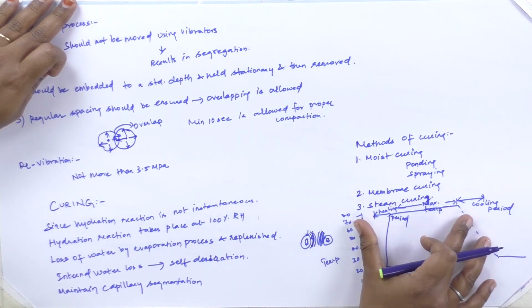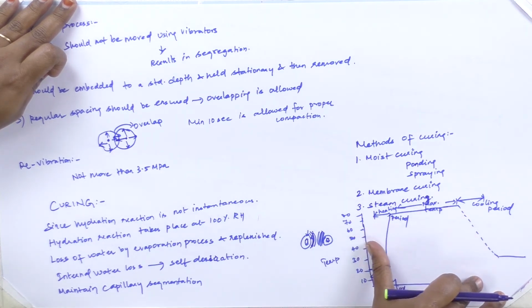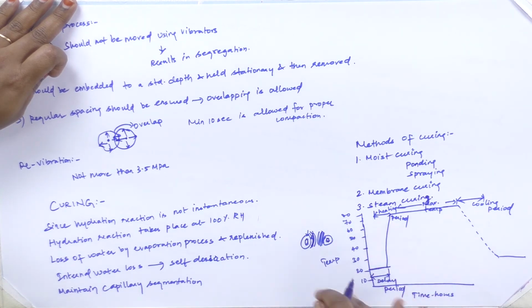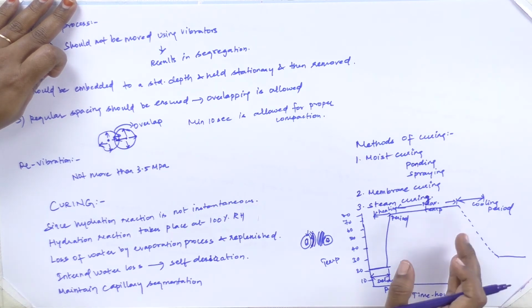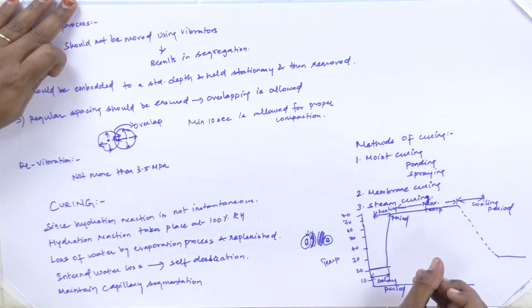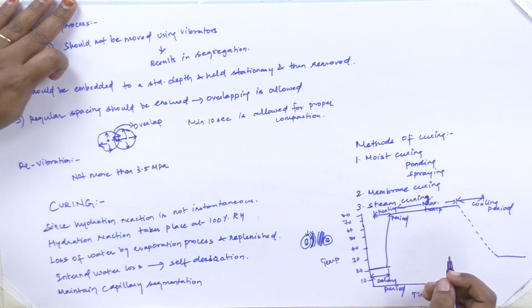That is the main purpose of this steam curing. Why we are going in for the steam curing is to get a concrete of strength attainment earlier, within a shorter duration. That is, the steam curing is mainly used for pre-stressing.